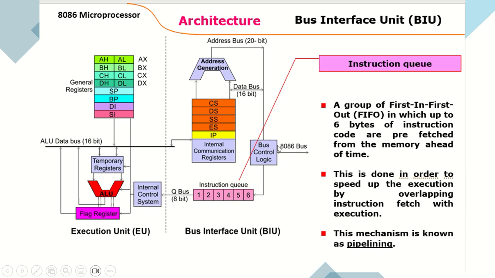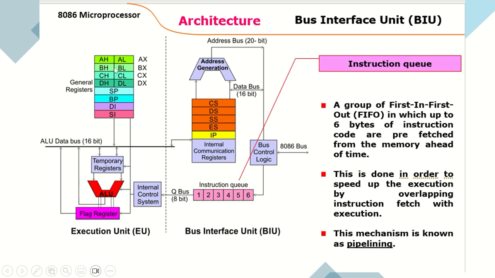The purpose of the bus interface unit is to generate the physical address. Being a 20-bit address bus, it is supposed to generate a 20-bit physical address. However, all the CPU registers are 16-bit, but still it should be able to generate a 20-bit physical address. So that is the interesting point, how 16-bit registers will generate a 20-bit physical address.